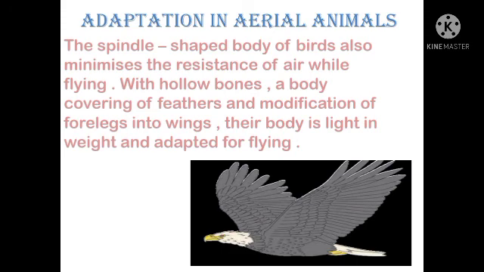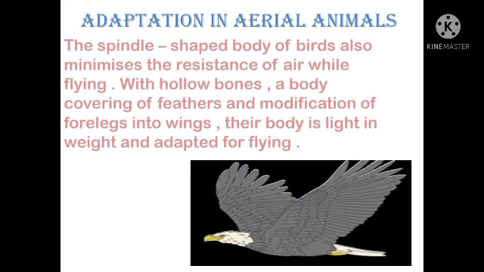So, what helps them to soar, fly high in the sky? Let's see. The spindle-shaped body of birds also minimizes the resistance of air while flying. So students, how is the body of birds? It's spindle-shaped.